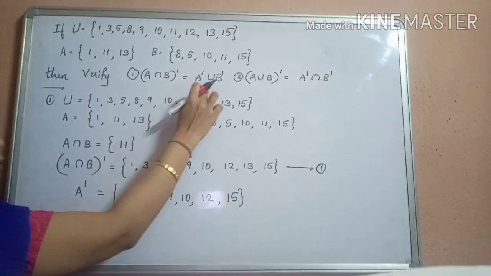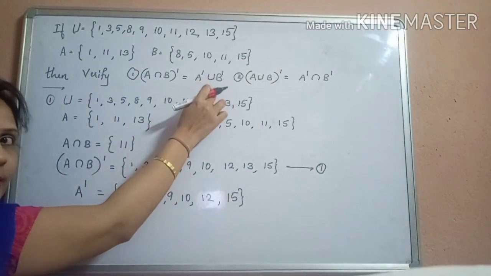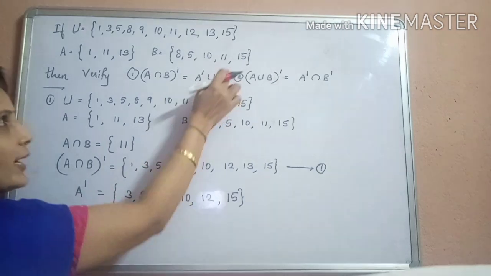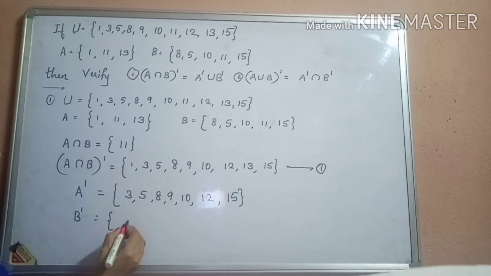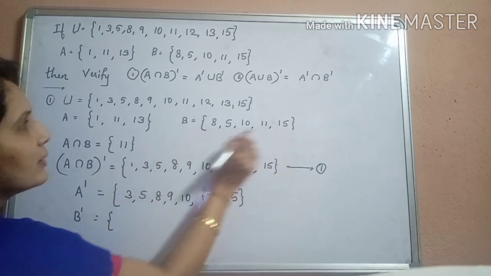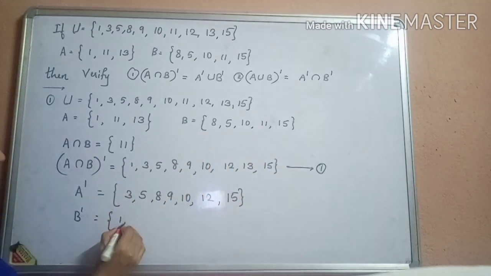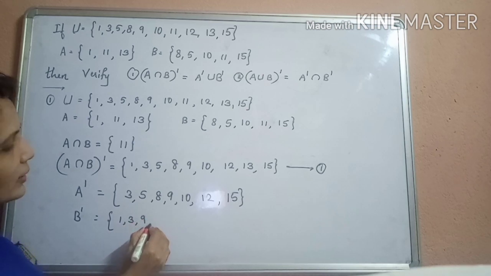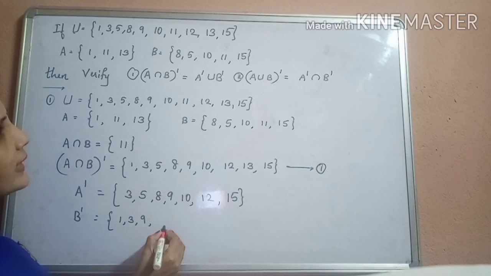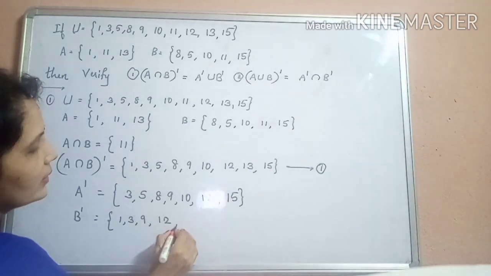Similarly, for finding the union we should have B complement. So I am taking B complement first. B complement is leaving this. So 1, 3, 5 is there, 8 is not there. So I will take 9, 10, 11 is there. So 12 and 13.